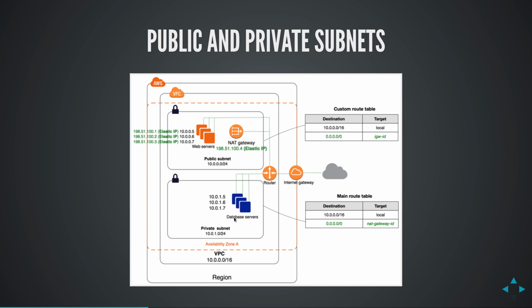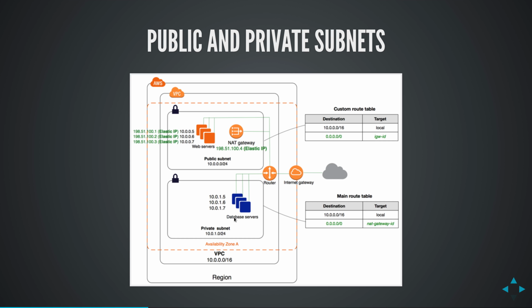Everything in the public subnet is routed through the custom route table via the internet gateway using the one-to-one NAT function. On the other hand, you have the private subnet that is handled by the main route table, and you'll see that the default gateway for those connections goes via the NAT gateway.